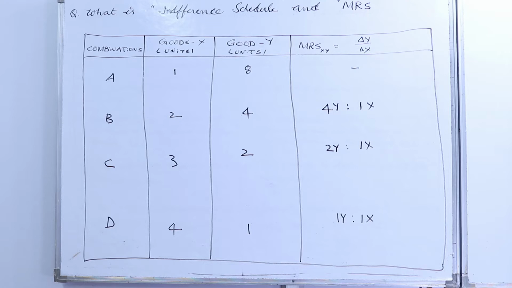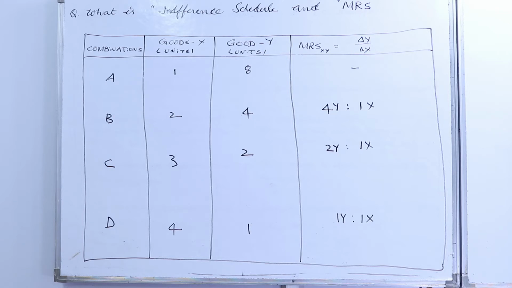Why do you have to decrease good Y? There are 2 reasons. Number 1, you are constrained by your income, because you have limited income, so you are diverting your expenditure from good Y to good X. When you are buying more of good X, you have to give up good Y. That's why you gave up 4 units of good Y to get 1 more unit of good X.